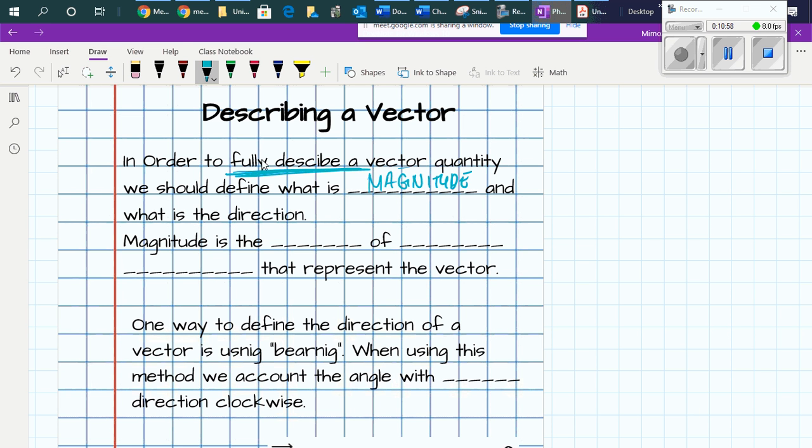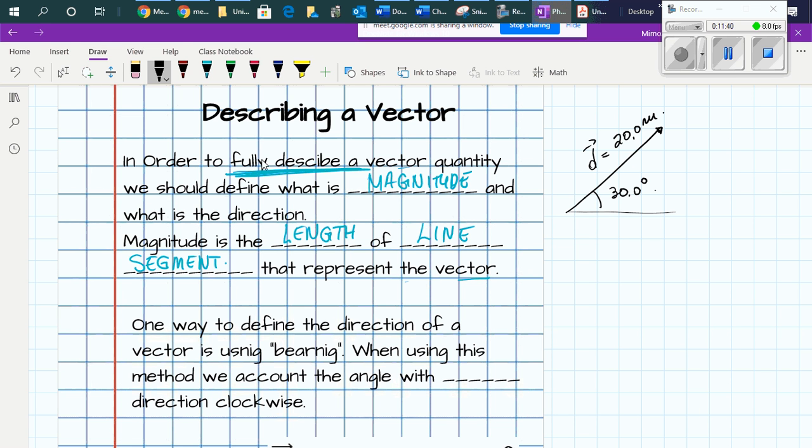The magnitude is the length of the line segment that represents the vector. So when we are working with a vector, you will see me very often working like this, saying that this is a vector D with magnitude 20 meters, and it has a direction of 30 degrees north of east.